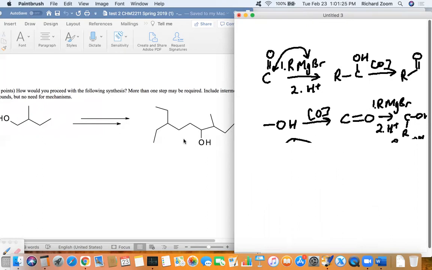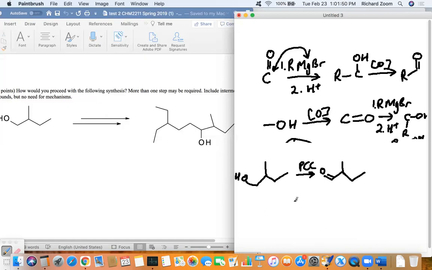And we're ending up with an alcohol. So what I had said is that we know the first step is going to be an oxidation. So this is how I would definitely start it. And I would use PCC. Use PCC all the time as your oxidizer, and you'll always get what you're looking for.